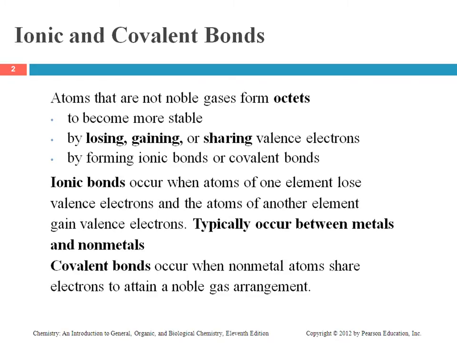An ionic bond occurs when atoms of one element lose valence electrons and the atoms of another element gain valence electrons.